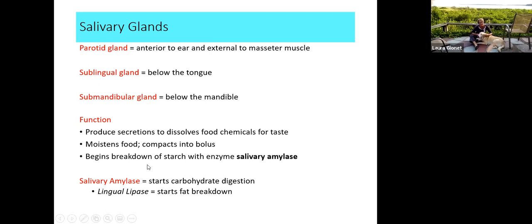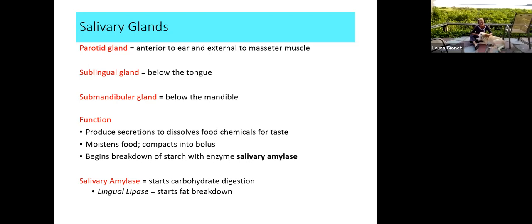It moistens food and compacts it into a bolus and begins starch breakdown with the enzyme salivary amylase. So salivary amylase starts carbohydrate digestion. We start to break down that polysaccharide to a disaccharide. Also in saliva, we do have a little bit of what's called lingual lipase, which means that it's just going to act on starting to break down some of the fats.